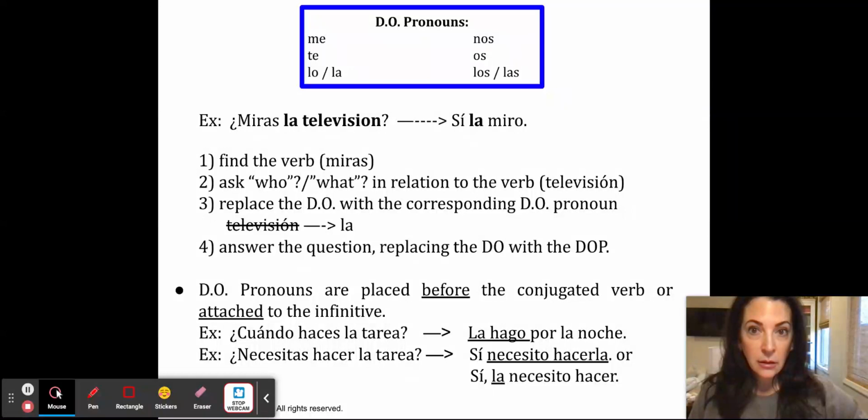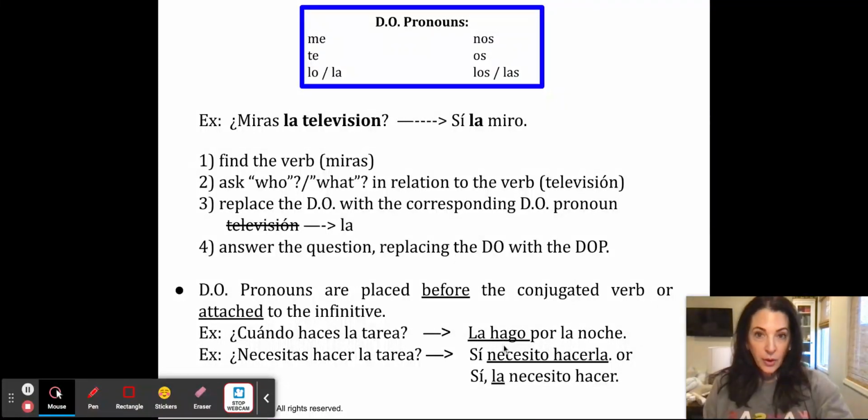There's only one verb, so we only have one choice, and that is to put it in front of the conjugated verb. What are you doing? The homework, la tarea. We're going to replace la tarea with la because it's singular feminine. So, when we answer the question, we put it before the conjugated verb. La hago por la noche.